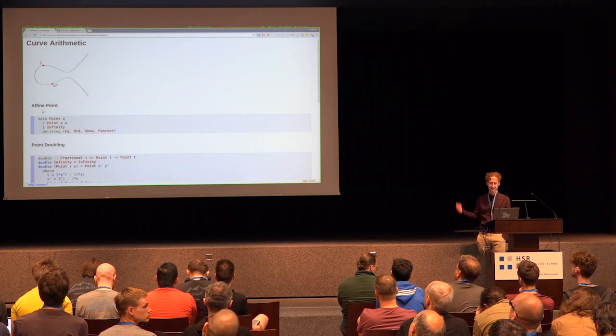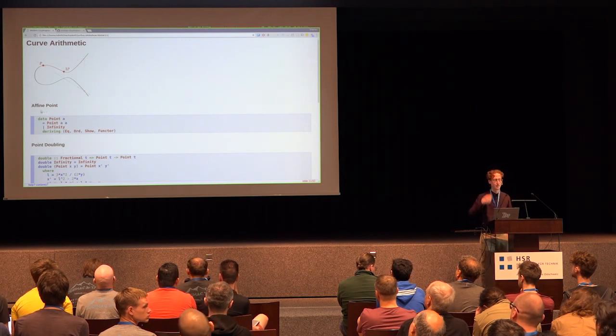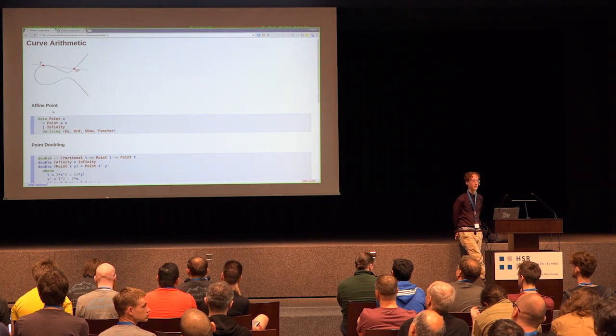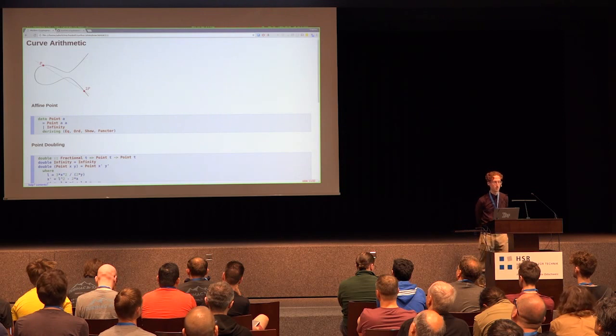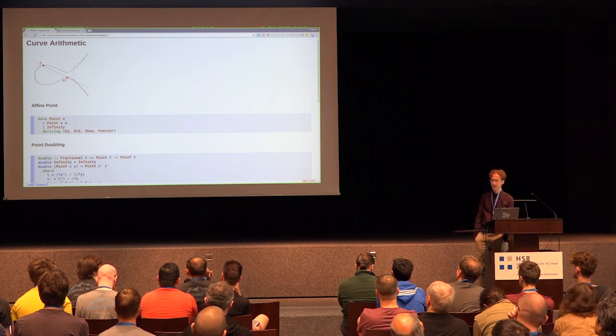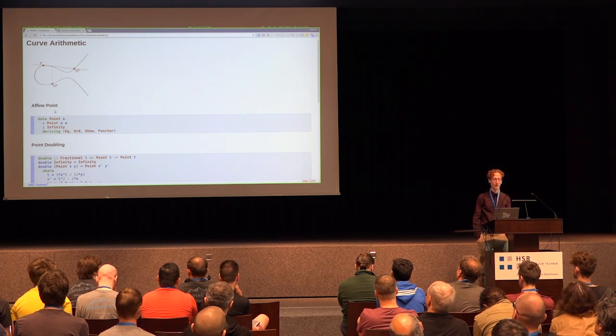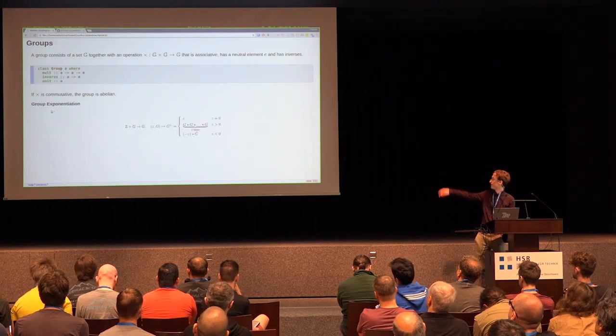So could you maybe try to explain again in very simple terms what is very difficult to compute? What is computationally irreversible? Okay, so this is the group exponentiation operation where I'm taking a point P and then performing this repeated exponentiation operation right here.